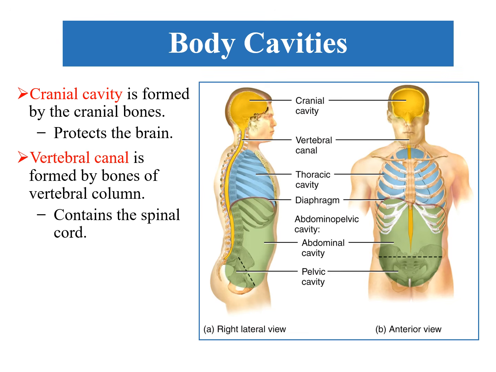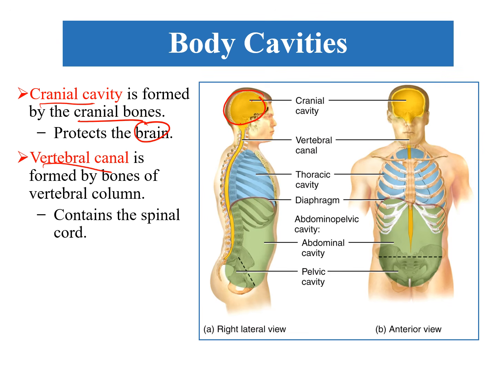The dorsal cavity is made up of the cranial cavity and the vertebral canal. The cranial cavity is formed by the cranial bones. At this point, you don't have to know what the cranial bones are; we're going to discuss them further under the skeletal system. The cranial cavity contains and protects the brain.